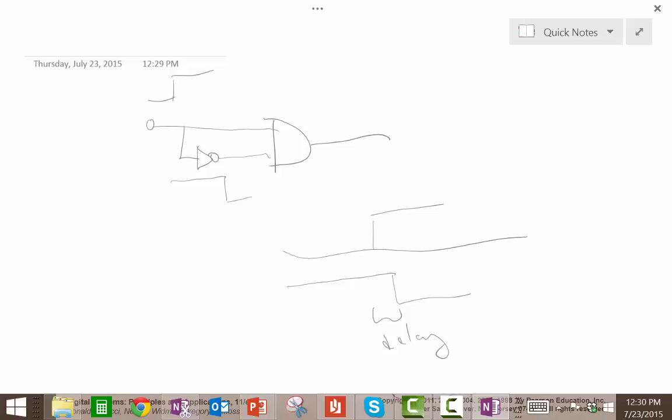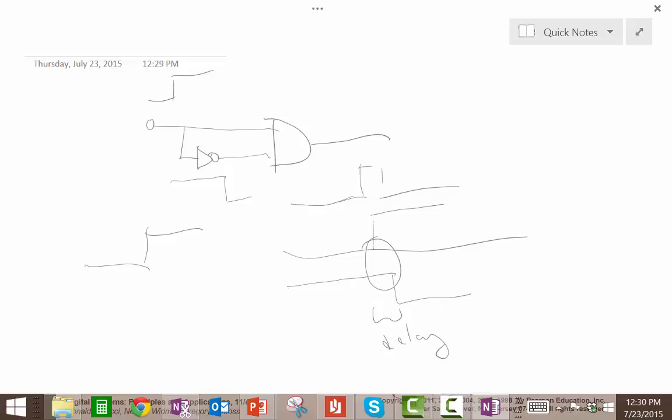Depending on the technology you're using, this delay can be 5 nanoseconds, 20 nanoseconds. It just depends on what type of technology we have. For this short period, this output is going to go high, because we're assuming that this is a low already.